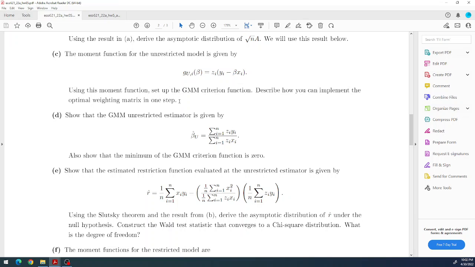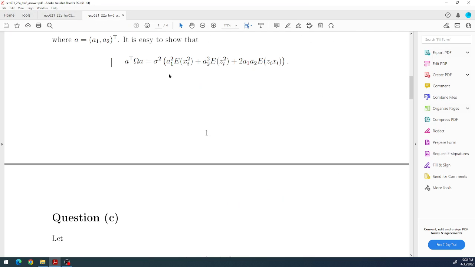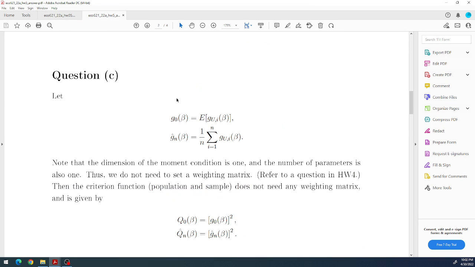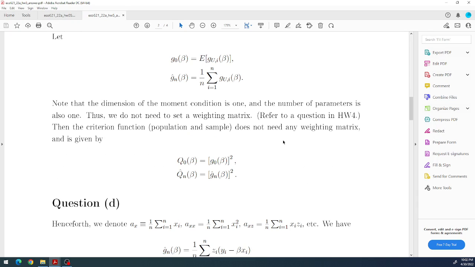So the correct, the best answer is to point out that we don't need any weighting matrix. The second best answer is to calculate the weighting matrix, but you may calculate the weighting matrix in one step. So this is the standard method.